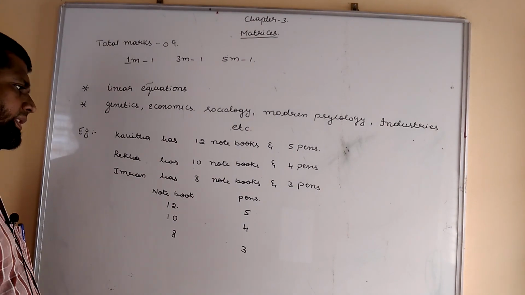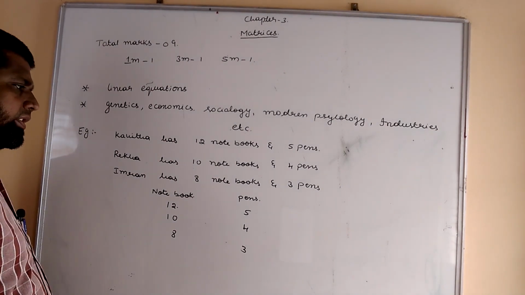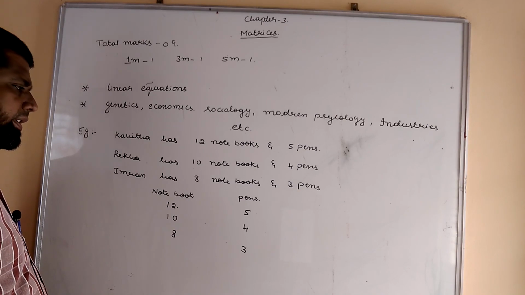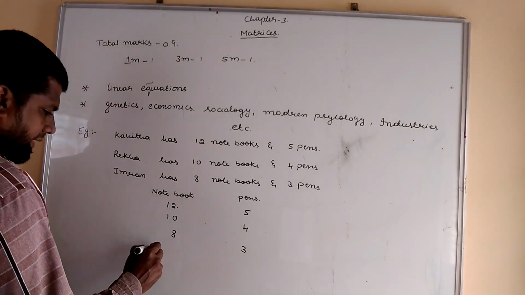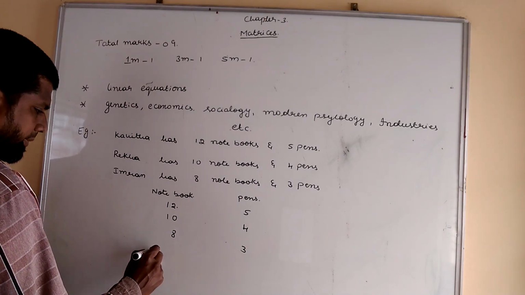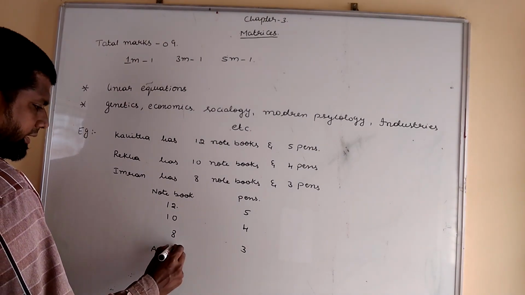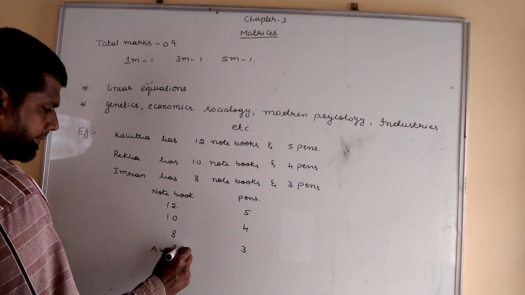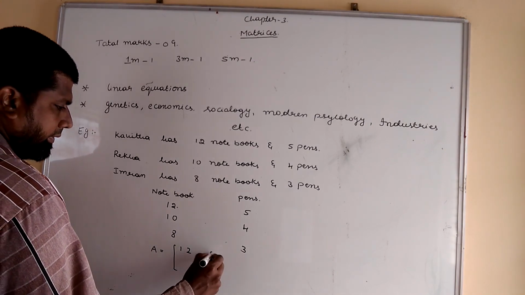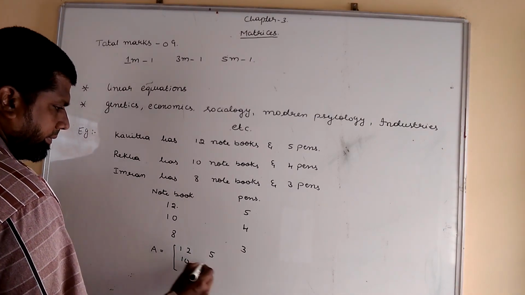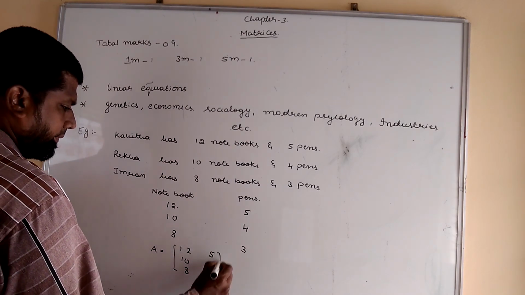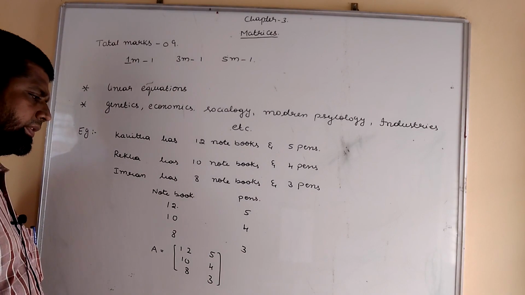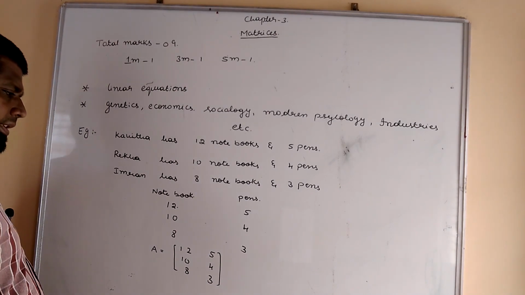By saying these numbers, these are in the form of horizontal and vertical lines. Okay, these numbers I will take by denoting the capital letter A and write these numbers in the square bracket: 12, 5, 10, 4, 8, 3.